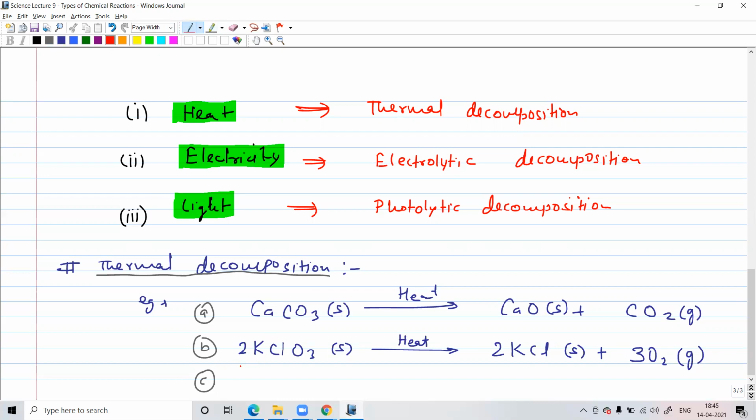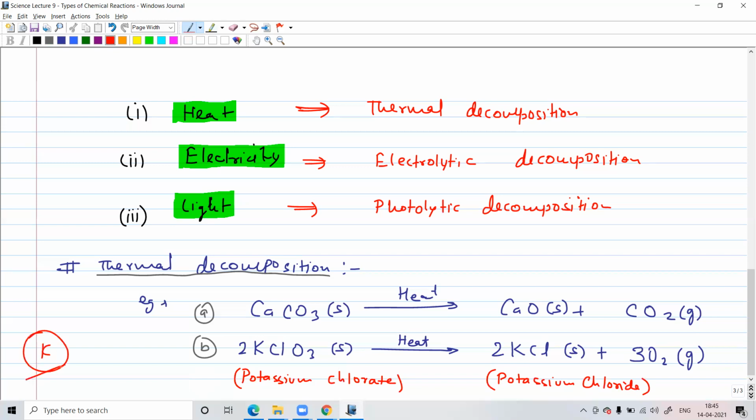Okay, so the name of this compound, let me write it here. This compound is called potassium chlorate. This one is potassium chloride. Everybody knows potassium is K, right?